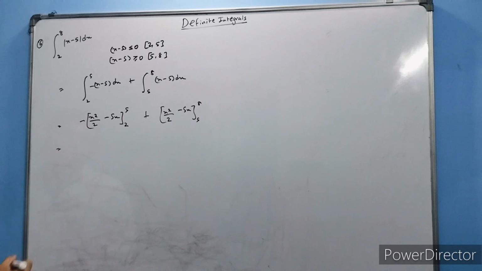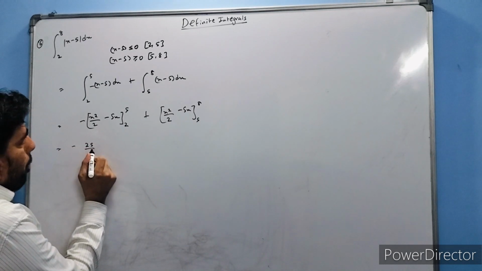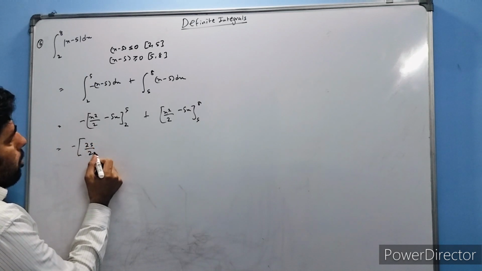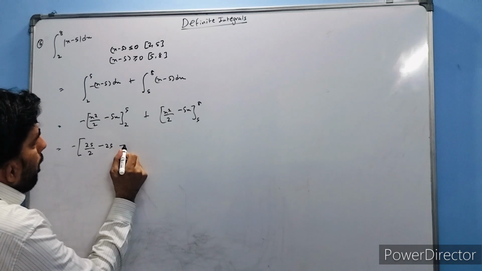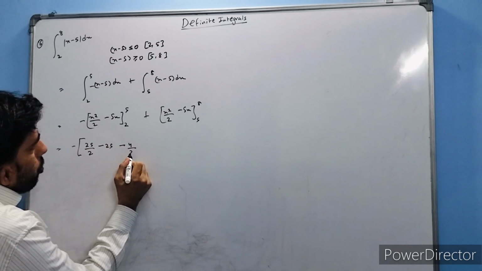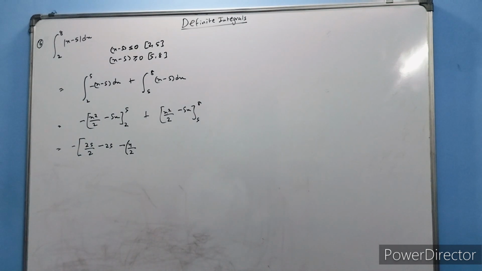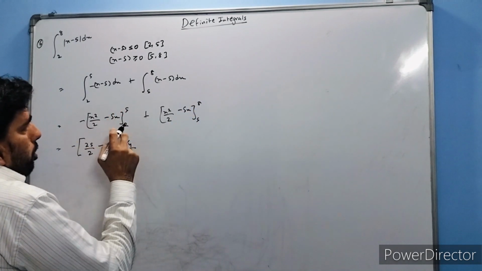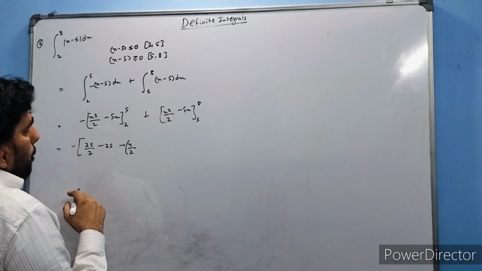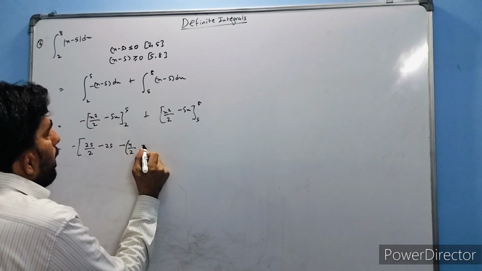Now let us solve this. We got 25 by 2 minus 25, then minus 4 upon 2, and minus 10.